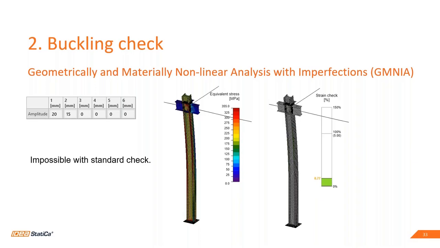And for each of them, we can use a separate value. And this is something which is not really possible with the standard check, but you can get results from it using IDEA StatiCa Member.